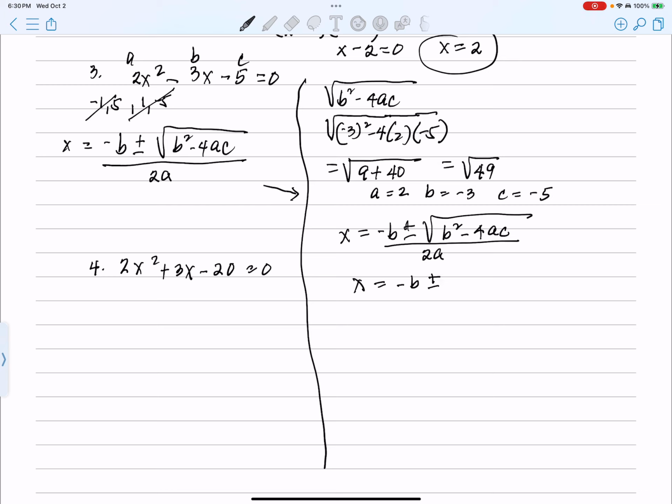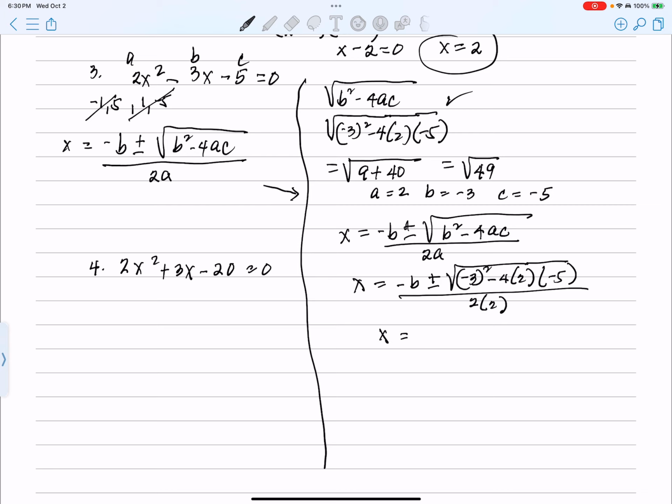Since we already have the b squared minus 4ac right here, I'll just show you when we substitute. So minus 4 times 2 times negative 5 over 2 times 2.